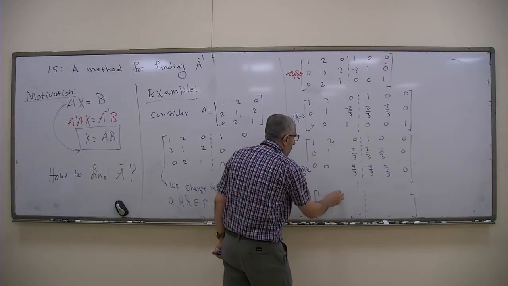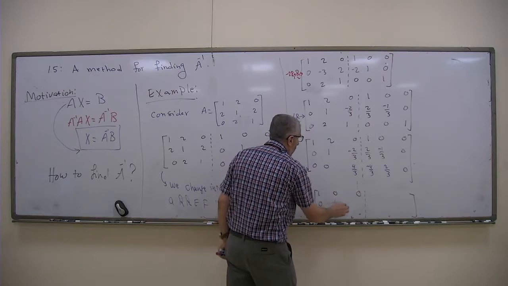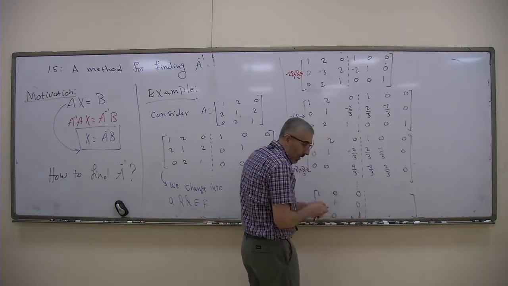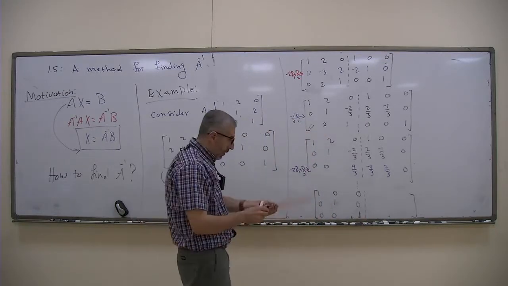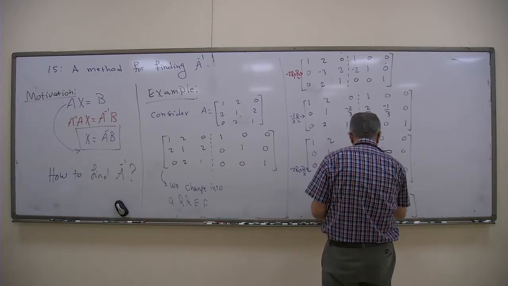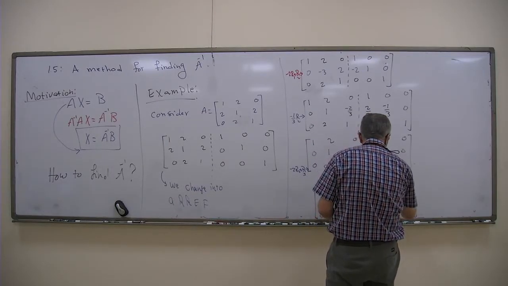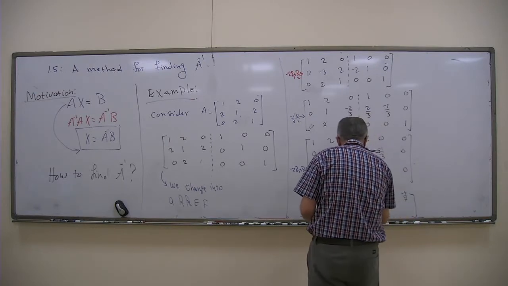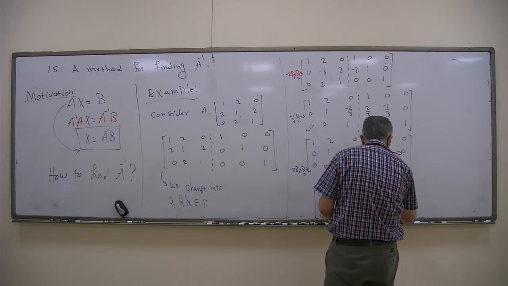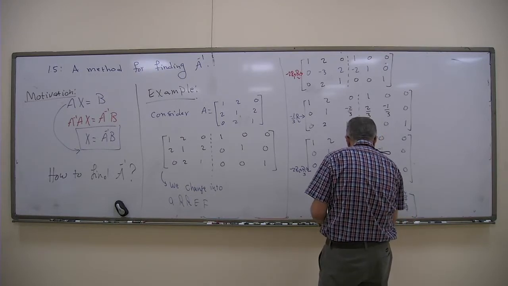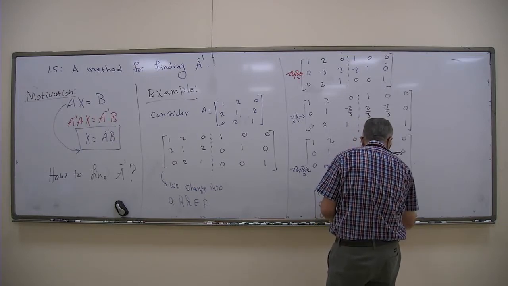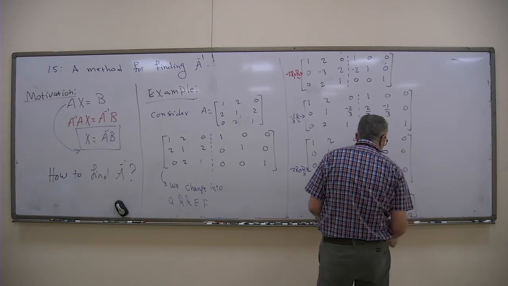You are going to get here 1, 0, 0, 0, 1, 0, 0, 0, 1. And here you are going to get 3/7, 2/7, negative 4/7, 2/7, negative 1/7, 2/7, negative 4/7, 2/7, 3/7.